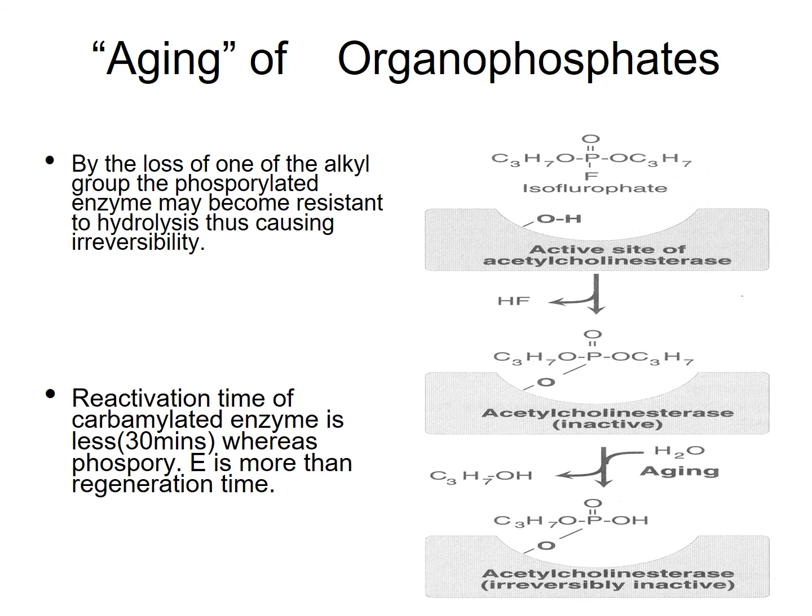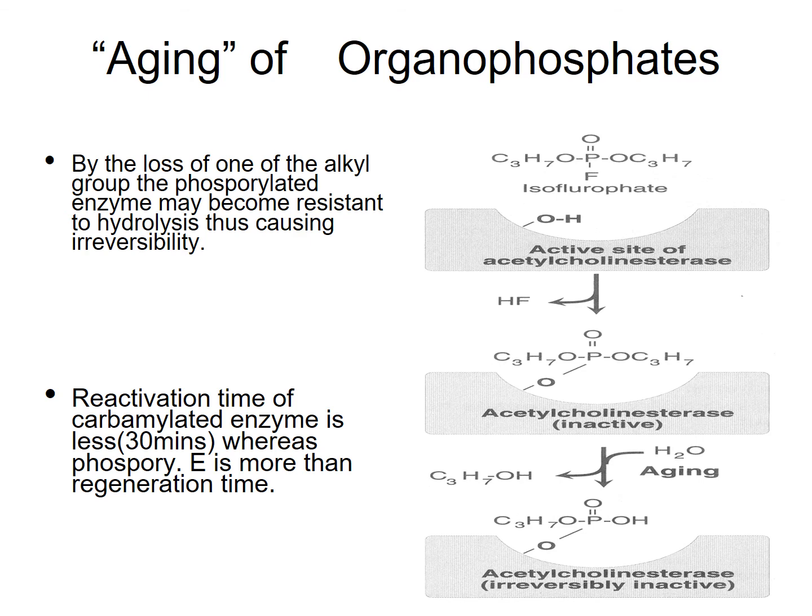Aging of the organophosphate-bound enzyme is caused by the loss of one alkyl group of the phosphorylated enzyme, and then this phosphorylated enzyme becomes resistant to hydrolysis, thus becoming irreversibly inhibited. So there occurs no reactivation of the cholinesterase enzyme.